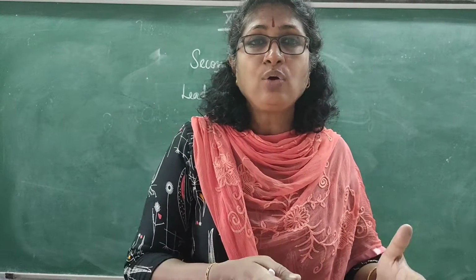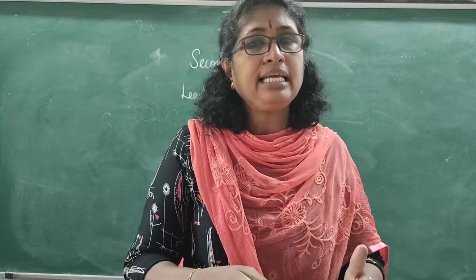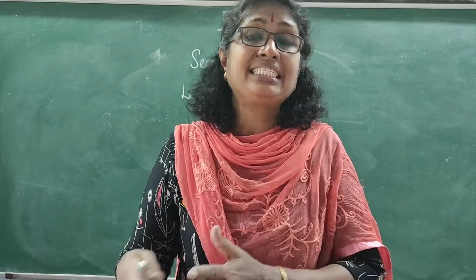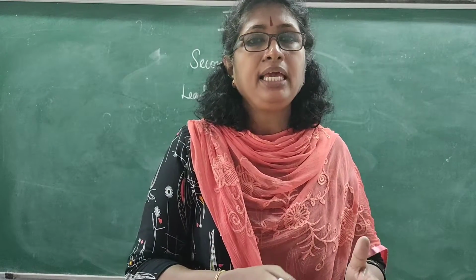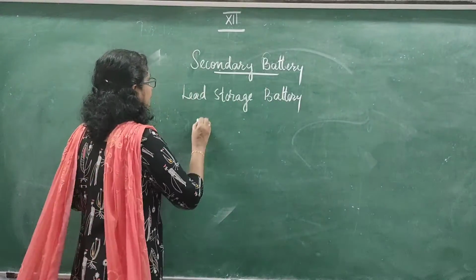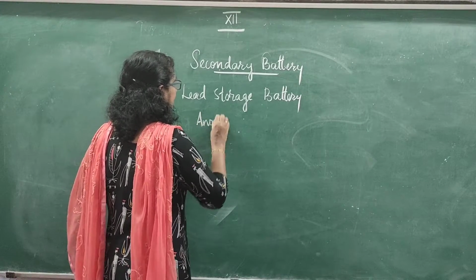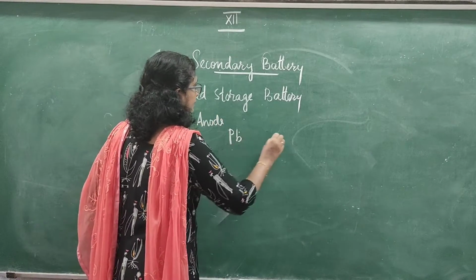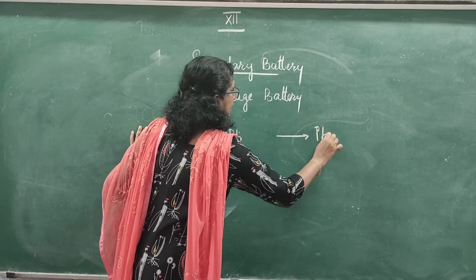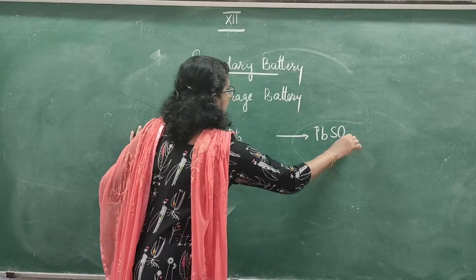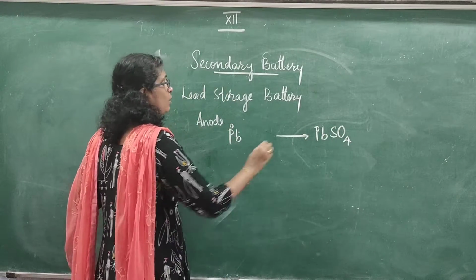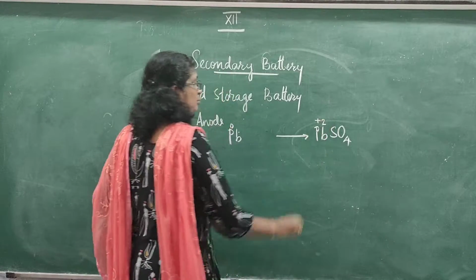Now at the anode you have lead. Lead is oxidized to lead sulfate, PbSO4. You know the oxidation state of lead here is 0, and here it is +2.